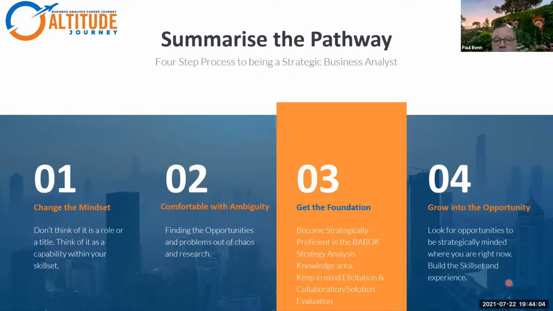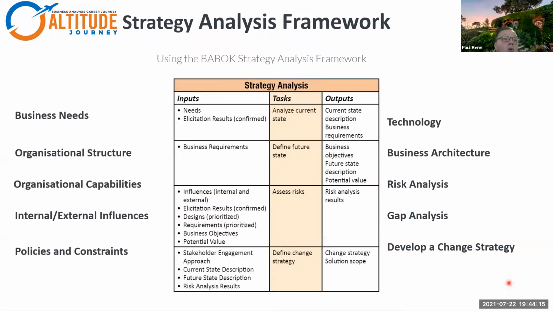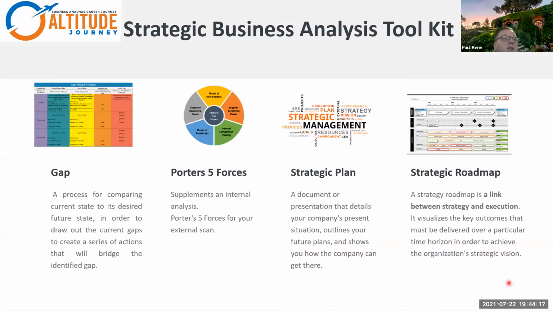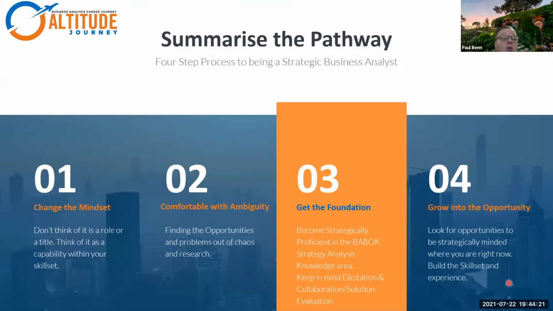So start being strategic where you are. Start using your position right now to find the opportunities to practice your skill set, to practice these techniques, and to not only practice them and increase your level of competency, maybe using something like the competency model, but also to demonstrate the value to the organization that you're working for.